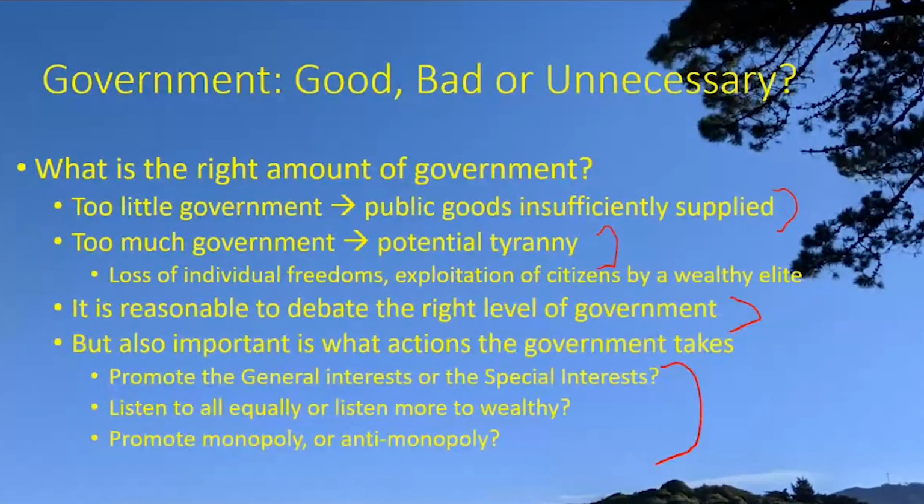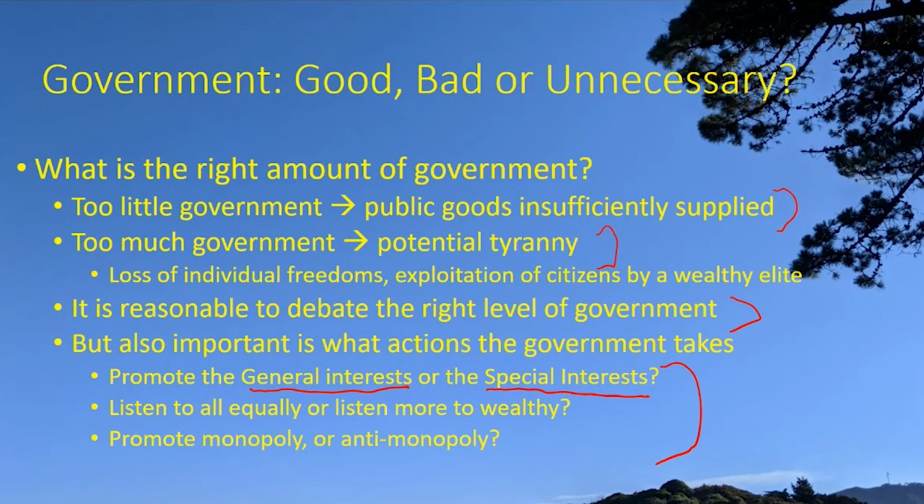When government is going to provide for something, we have to ask, is the government providing for the general interests, or are they acting in the special interests of lobby groups who are influencing their decisions? This becomes a really important aspect of any conversation or argument you have about should the government do this or should they not? We have to ask, how is the government going to make the decision about what to do?